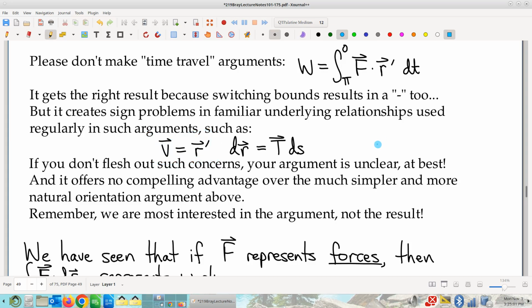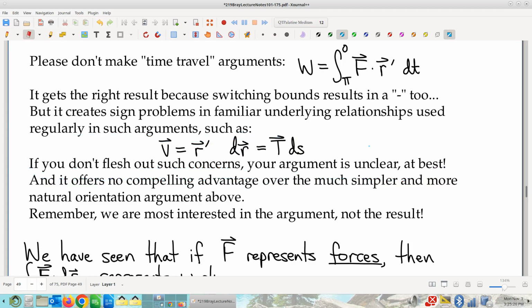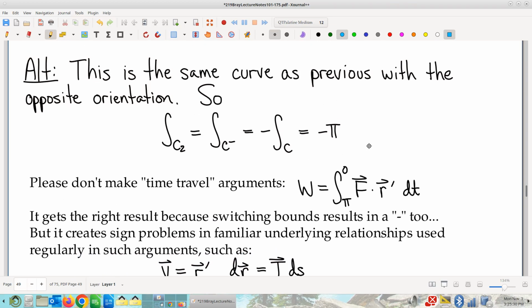And until you have fleshed out all of this stuff, at best your argument is unclear. I don't know what you are thinking. How much of the argument that you're portraying do you actually understand, and have you actually thought through the related detailed levels of it? So at best it's unclear. So now what's to be gained from this? Why would we want to go to the trouble?